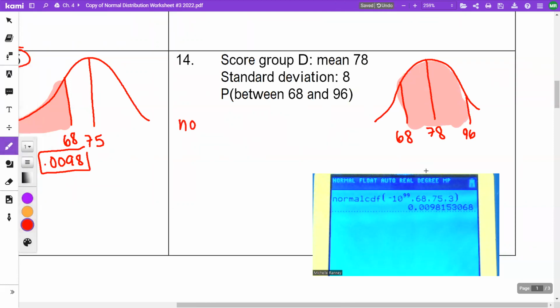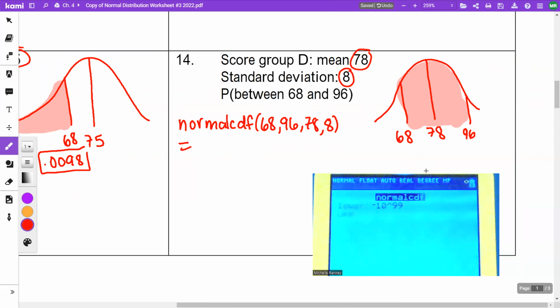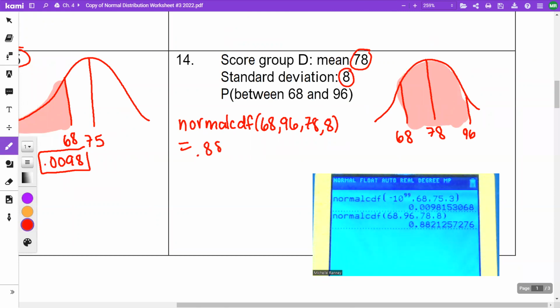And so normal CDF, minimum 68, maximum 96, mean is 78, standard deviation is 8. So 68, 96, 78, and 8. And I get 0.8821 as our answer.